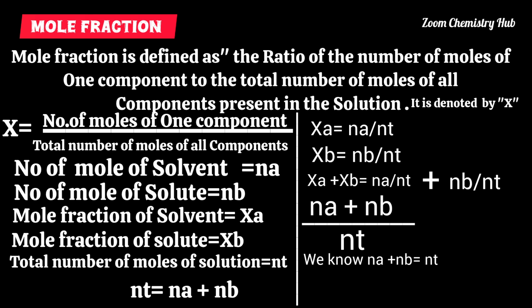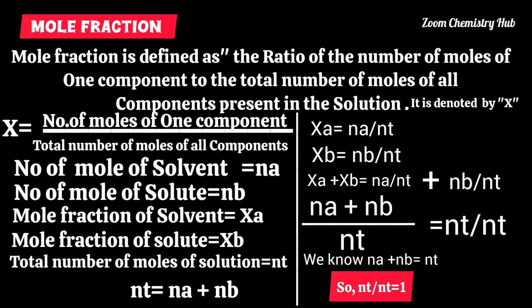So at the numerator we get the value Nt, and at the denominator we have already the LCM, Nt. So both these cancel each other, so we get 1. So the sum of the mole fractions of all the components of a solution is always equal to 1.